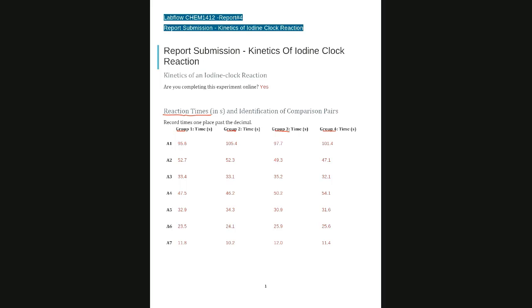A1 is the stopwatch time. It is the time between when you drop the last reagent, which is the bromate, and you start the stopwatch, until you see the first blue color. This is the time, 95 seconds.